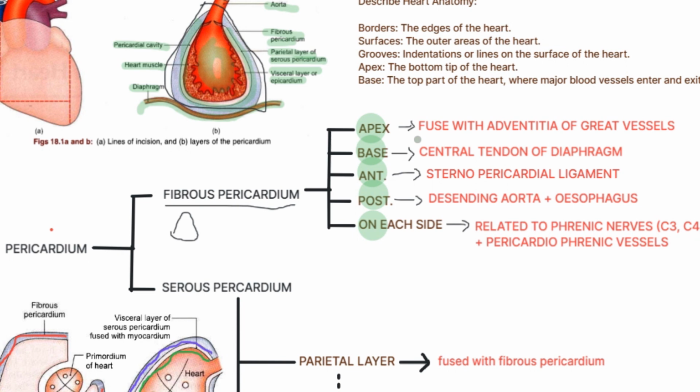So the fibrous pericardium fuses with adventitias of great vessels. Then we have base. Base is broad and inseparably blended with the central tendon of diaphragm. So for the base, you will find the central tendon of diaphragm here on the diagram.